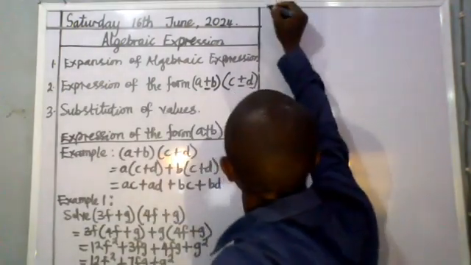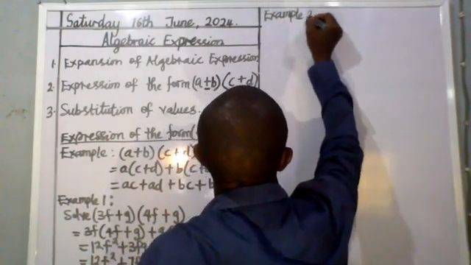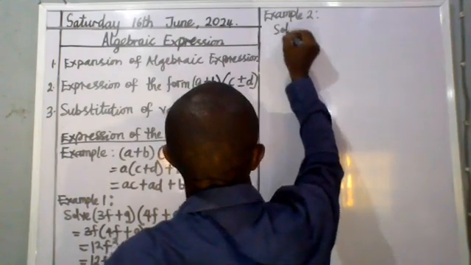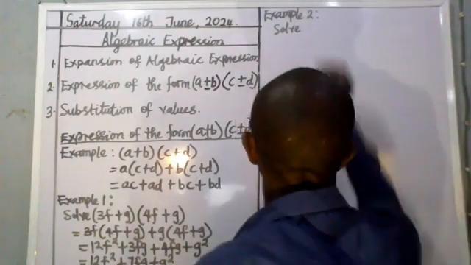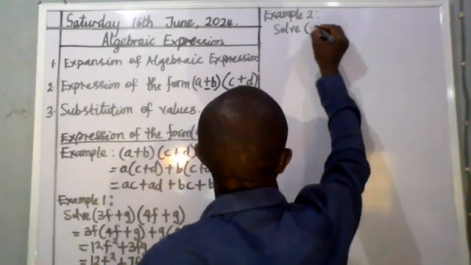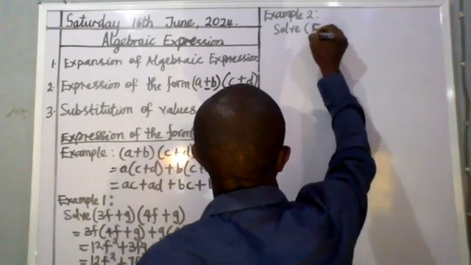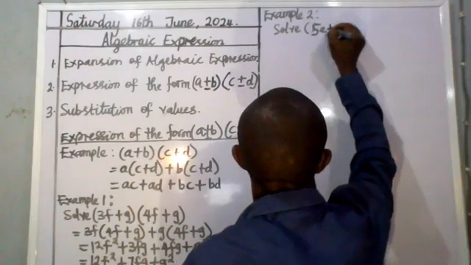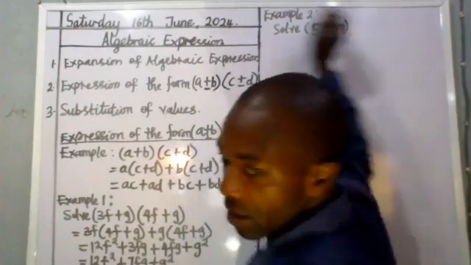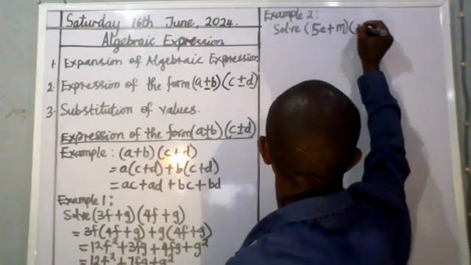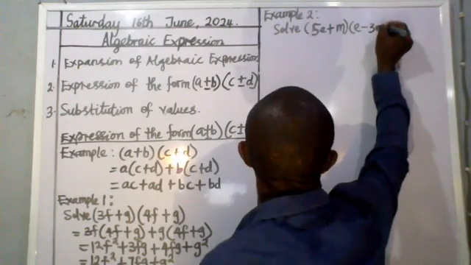Now let's look at another example. Example 2. Solve 5e plus m into bracket e minus 3m.